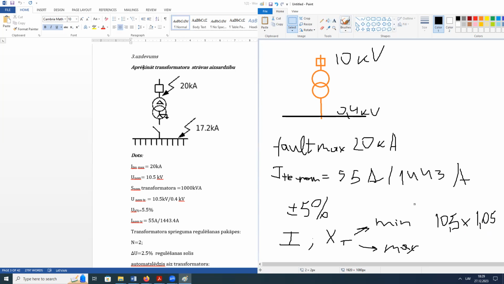How to separate the idea that this is voltage. Okay, I'll just this way. Voltage. Voltage, yeah.